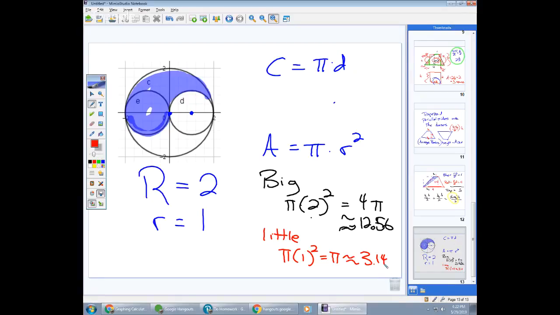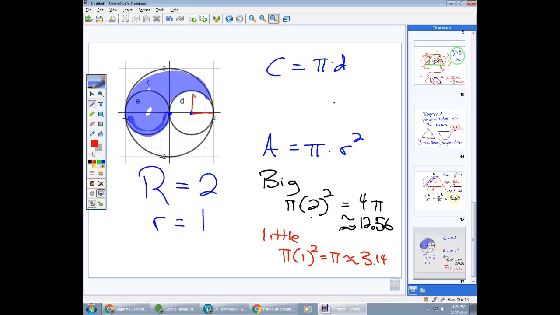So the big one is 4 times bigger than the little one. It's kind of cool. The reason is that area squares stuff. We grew in 2 directions, 2 times 2 is 4.